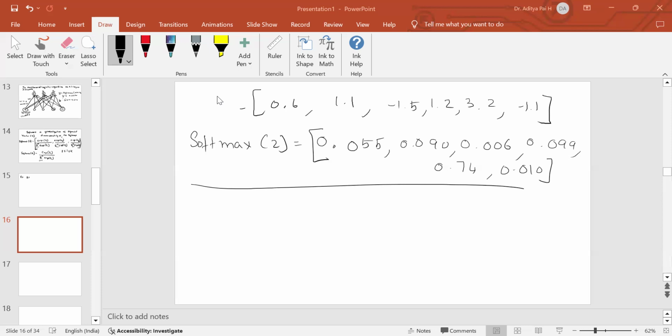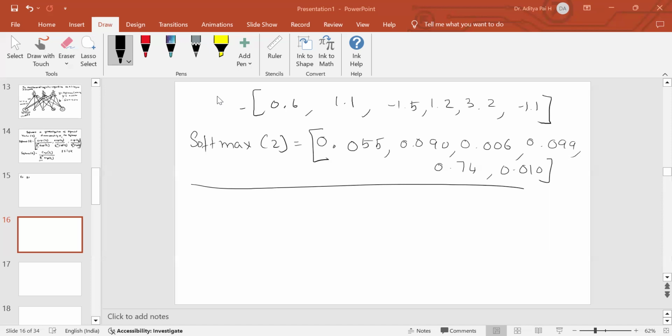Now the output function y is nothing but the sigma applied to the z output whatever I get here. I am applying the sigma function to z.